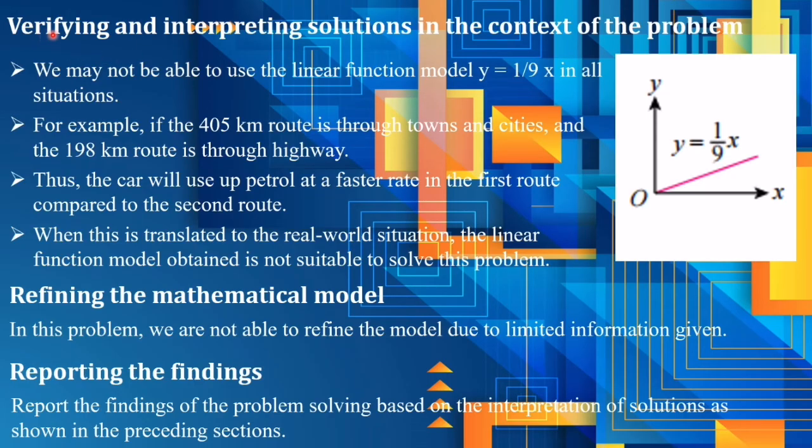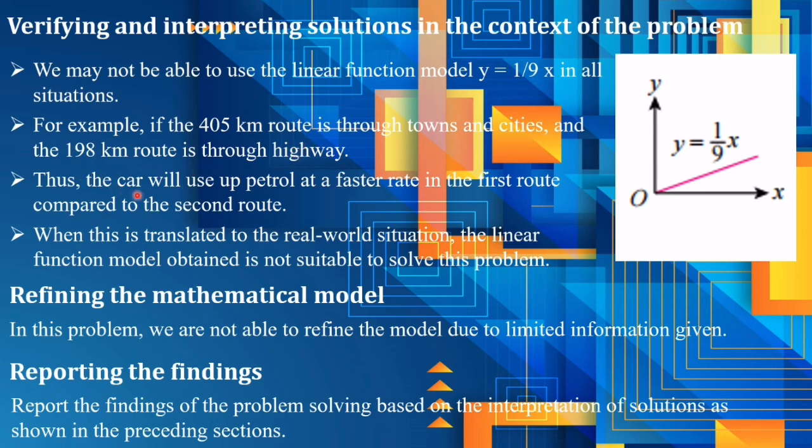Part 4, verifying and interpreting solutions in the context of the problem. We may not be able to use the linear function model y equals 1 over 9 x in all situations. For example, if the 405 km route is through towns and cities, and the 198 km route is on highways, the car that drives through towns and cities will drive at a slower speed, but if it drives on the highway, it will drive at a faster speed.